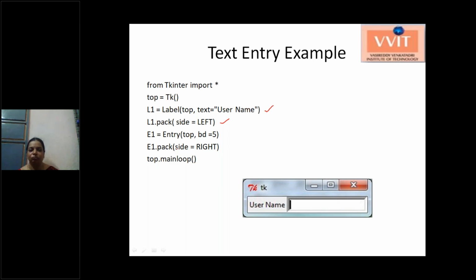Next, create an entry box with a width of 5. Next, add the text box to the right of the window and open the main window. We created one text box and one label. Like this, you will get the output: Username is the text, and here you can enter some text in the text box.